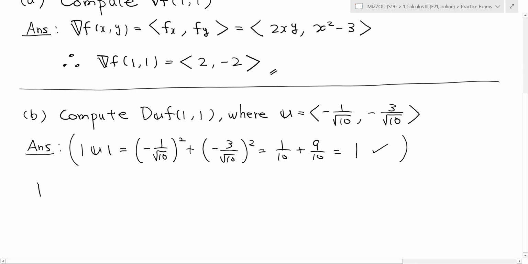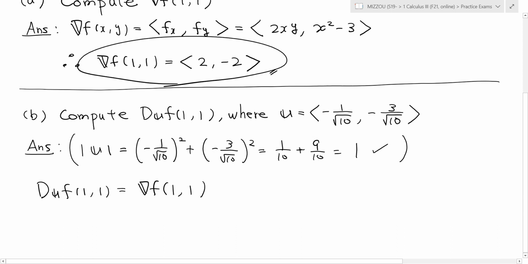Let's remember the directional derivative evaluated at, in this case, 1, 1, is the gradient of f evaluated at 1, 1, which is actually this from the previous part, dot product with u.